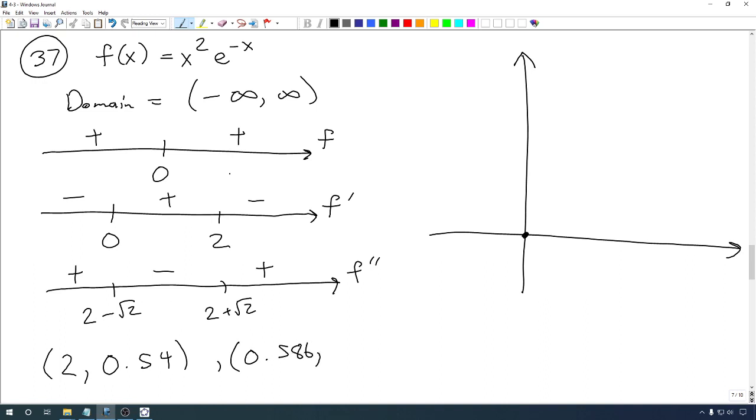And when I plug that into my function, which was kind of fun to have to do, I got 0.19. Same thing if I put in 2 plus square root of 2. 2 plus square root of 2 is actually about 3.414. And plugging that into my function, I got a y value of 0.38. So that'll help us a little bit to actually plot stuff.